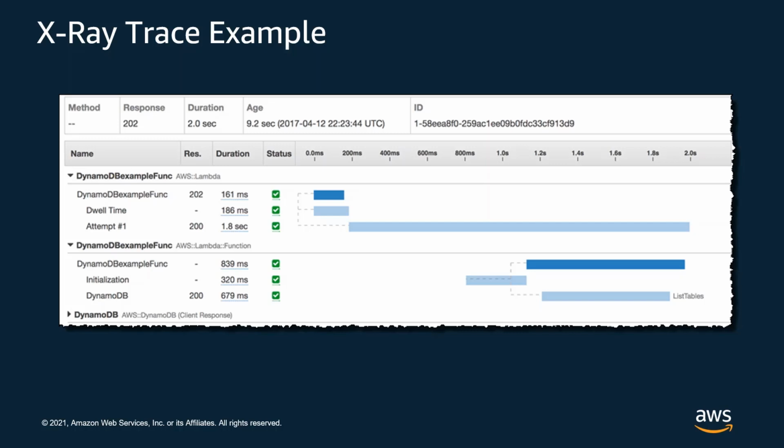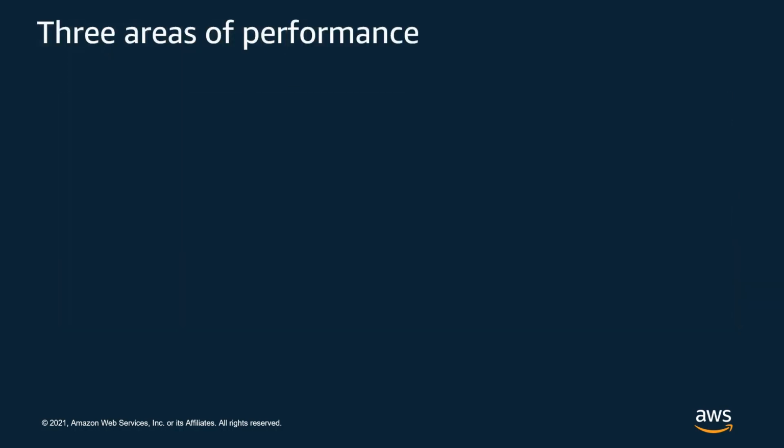It shows the time for the first segment, and each segment to invoke the function is a separate segment. And then at the function level, it shows the init code, and that's the static initialization code that runs before the handler, and the time taken by other AWS services used, such as DynamoDB in this example. And this granularity is important for performance optimization and informs where you can start looking to make improvements.